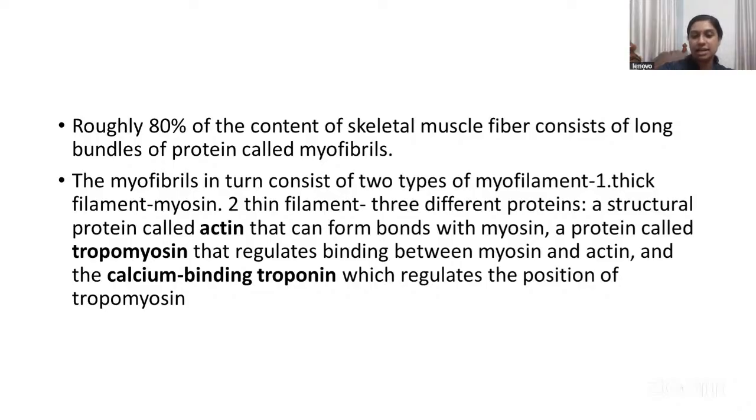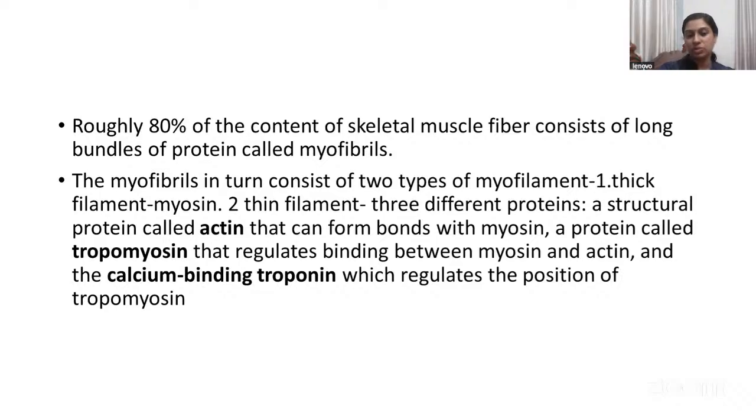That is, actin has a myosin binding site which is covered by the tropomyosin. When calcium binds with troponin C, the tropomyosin is removed from the myosin binding sites of actin, thereby causing the interaction of myosin heads with the actin, leading to muscle contraction.